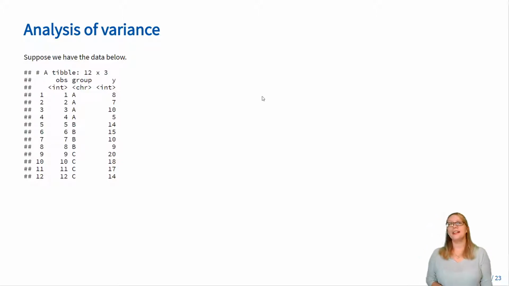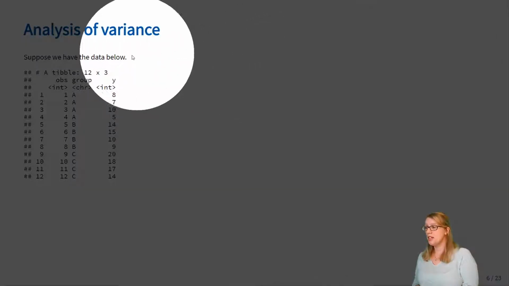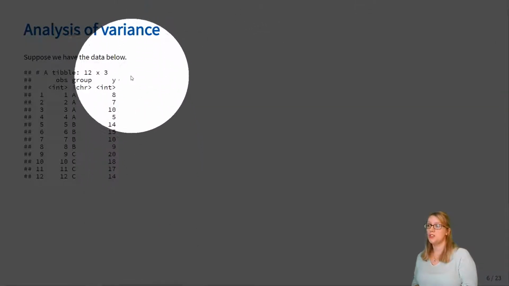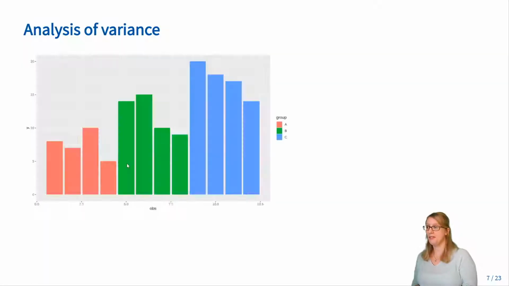So let's take a look at an example to really illustrate how this process works. We have a data set here of 12 observations split into 3 groups. Group A has 4 members, group B has 4 members, and group C has 4 members. Each of the members in these groups has integer values, y right here. If we take a look at a plot of this data, each bar represents an individual observation.